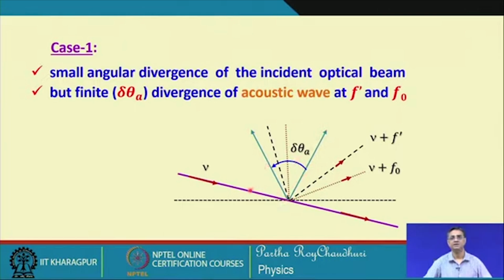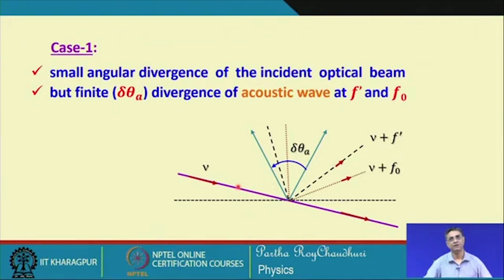So, this optical beam can pick up two acoustic plane wave components, one along this, another along this, so as to get frequency shifted Bragg diffracted optical beams nu plus f 0 and nu plus f dash, because in the acoustic wave you have two frequencies f 0 and f dash, and they correspond to different acoustic wave components for a given direction of the optical beam.